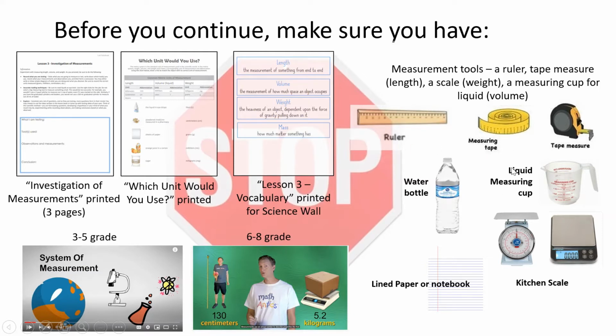You're going to need a liquid measuring cup, a water bottle, some line paper or your notebook, and if you have a kitchen scale, if you could please round one up. So go gather all of those things and then come back here, pause this video right now, and meet me back here, and then we'll continue on with the lesson.